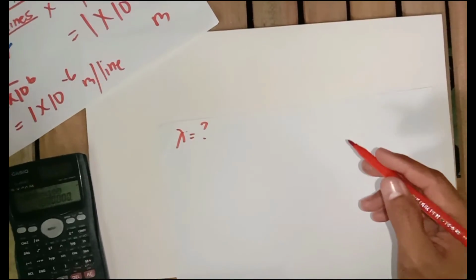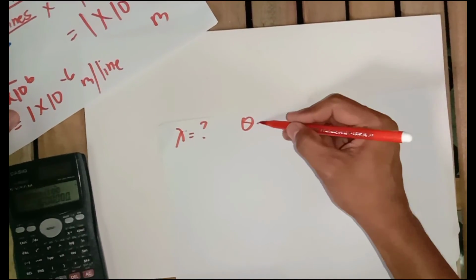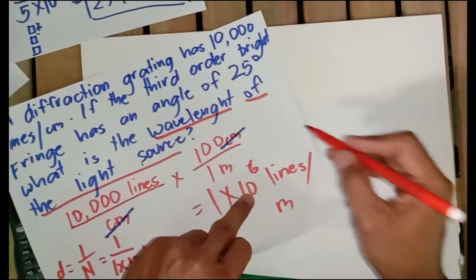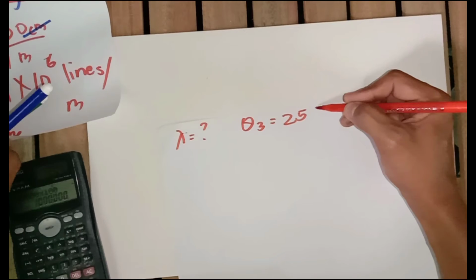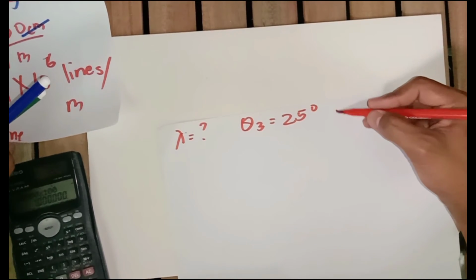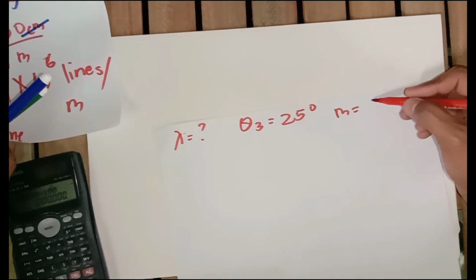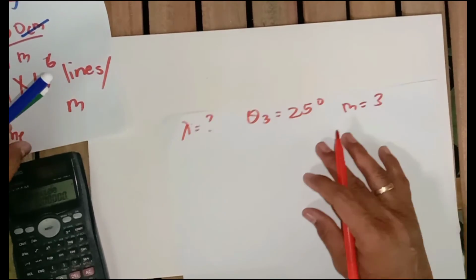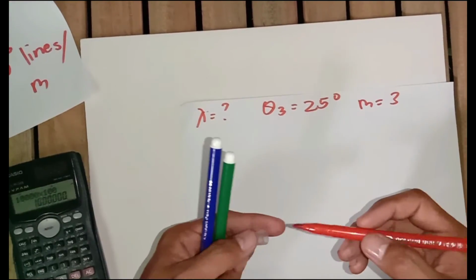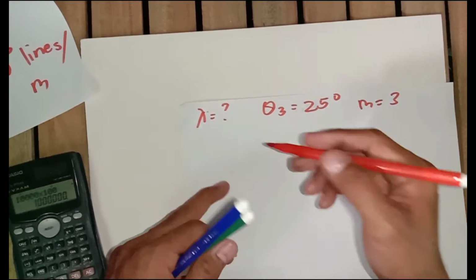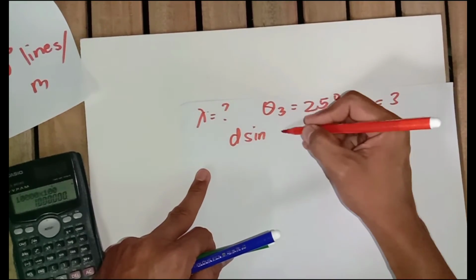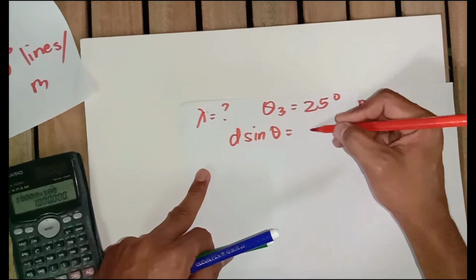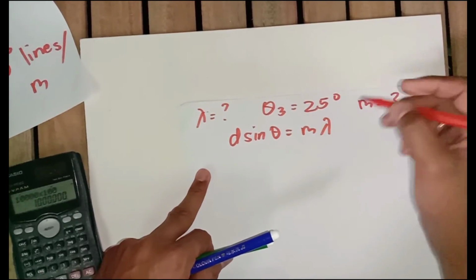Our theta 3 is equal to 25 degrees, and m is 3, that's third order. Okay, we have to input all the data into d sine theta is equal to m lambda.